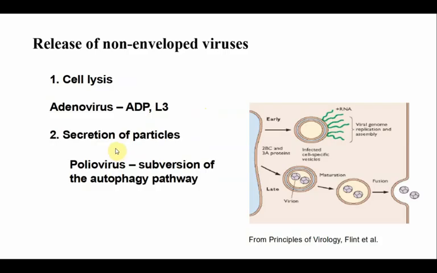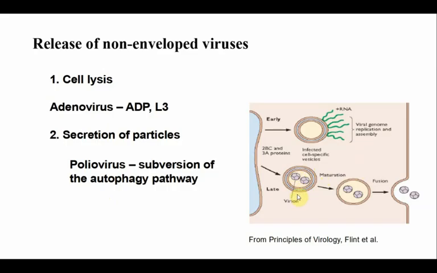The other way is to have secretion. This is true for poliovirus, maybe not all, but certainly poliovirus, one of the picornaviruses, can do this. They manage to be secreted by subverting the autophagy pathway. During autophagy, parts of the cytosol are incorporated into an autophagosome.